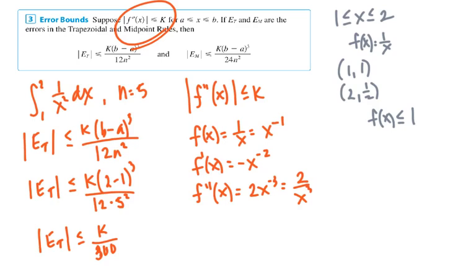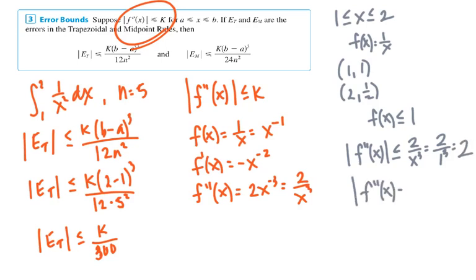And since f of x is less than or equal to 1, then the absolute value of f double prime of x is less than or equal to, and we have 2 over x to the third. So let's call that 2 over 1 to the third, which is 2. So the absolute value of f double prime of x is less than or equal to 2.